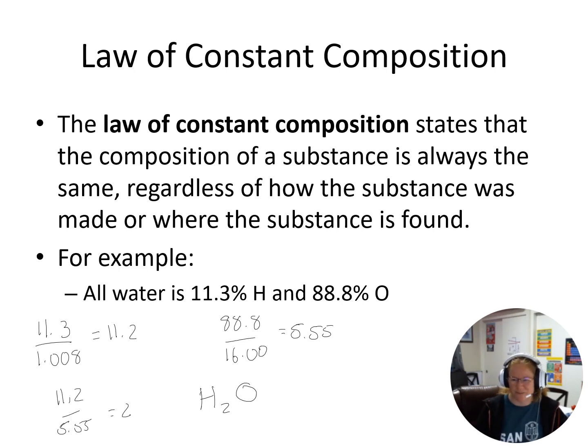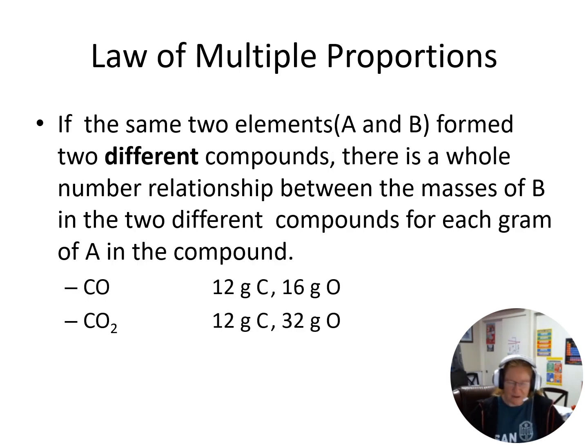Okay? So, law of constant composition. Water is always going to be H2O, 11.3% by mass hydrogen, 88.8% by mass oxygen. We always have this law. We also have the law of multiple proportions. If I have elements that form different compounds, again, there have to be whole number relationships between the masses of each of these compounds. Why do they have to be whole numbers? Again, I can't have a fraction of an element.